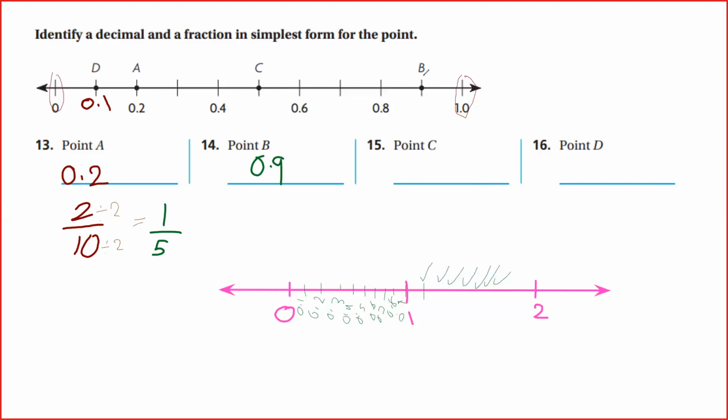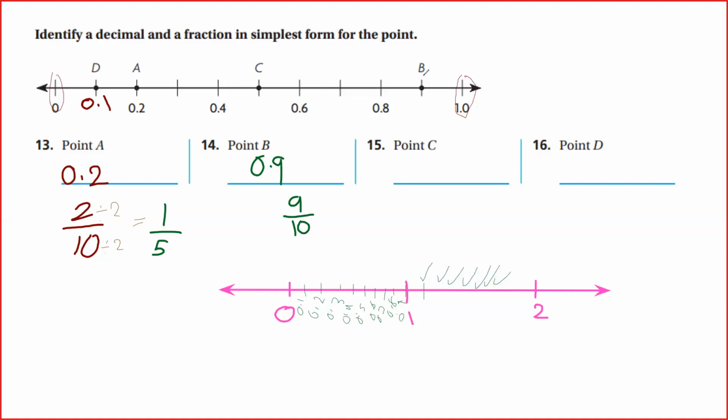Now, Julie. After Rand, I want Julie. Yes, Julie. 0.9. How can you write it as a fraction? Bravo.